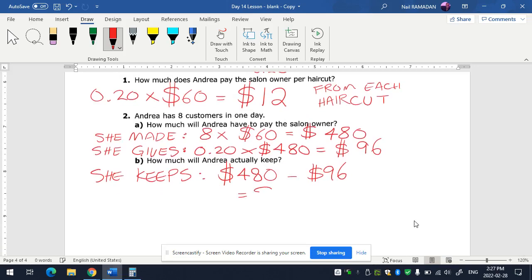Yes, she keeps 384. Because if you add those two, you get back the 480. If you add what she kept to what she gave, you get what she made right at the beginning.